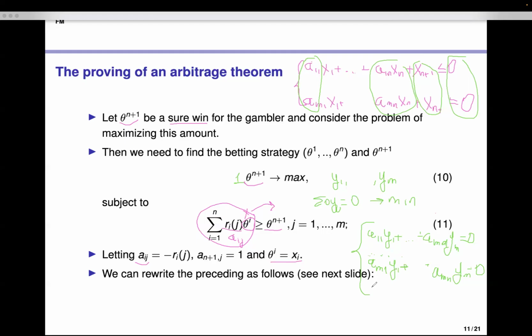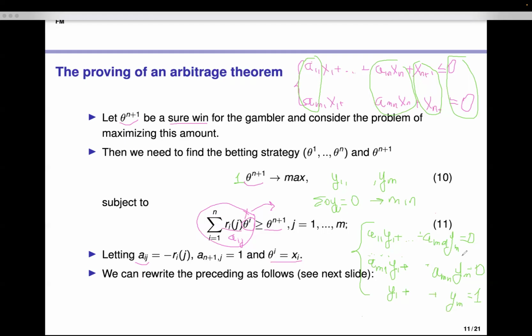It's 1 multiplied by y1, plus, and the last will be ym, and equals 1.